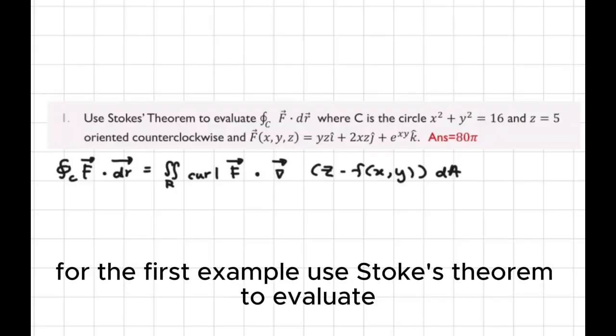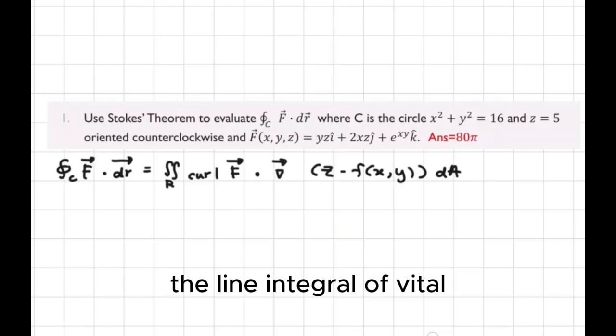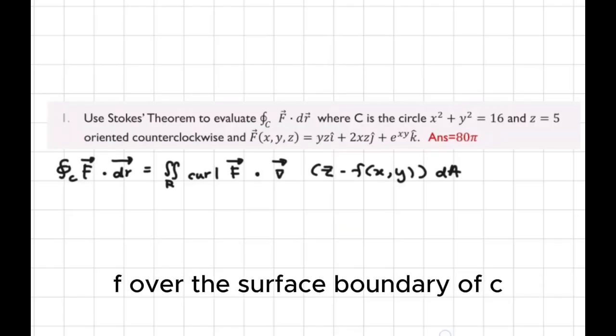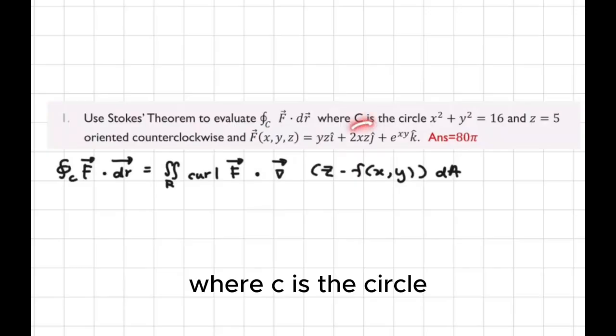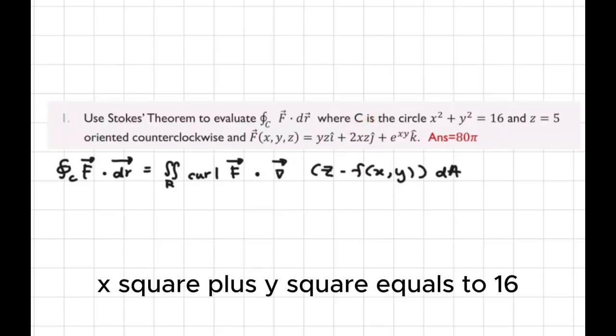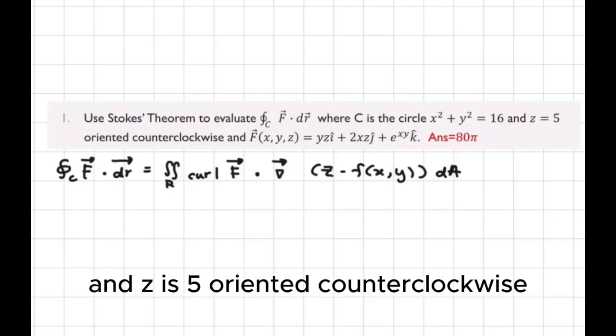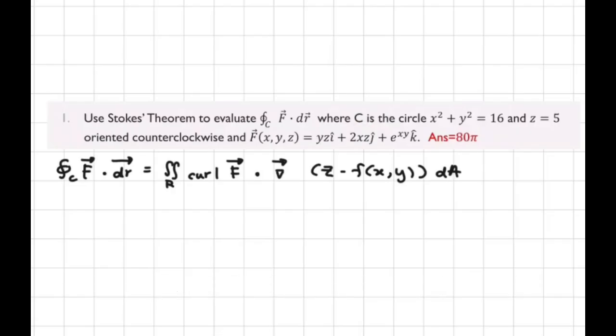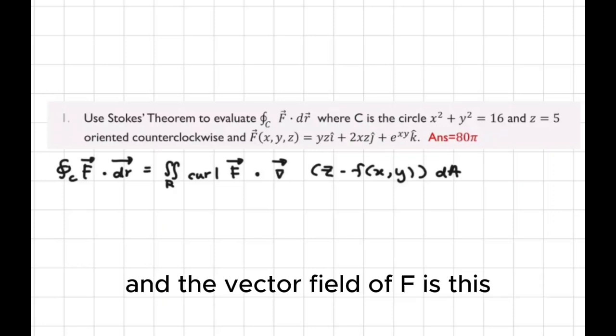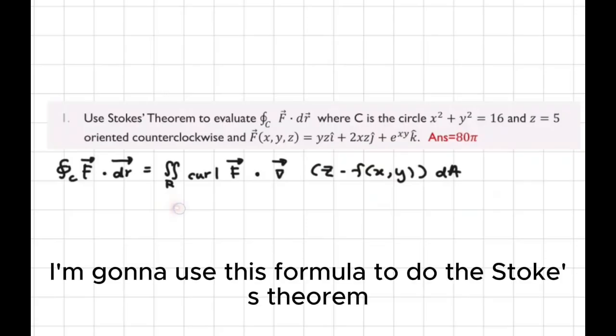For the first example, use Stokes theorem to evaluate the line integral of vector F over the boundary of the surface C, where C is the circle x squared plus y squared equals 16, and z is 5, oriented counterclockwise, and the vector field F is this. I'm going to use this formula to do Stokes theorem.